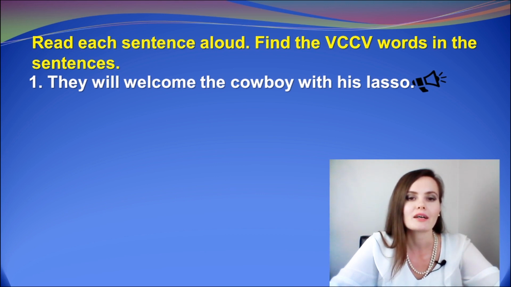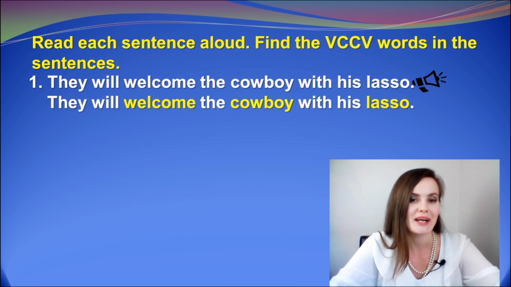They will welcome the cowboy with his lasso. Let's find the VCCV words. Think about it. You are right. The VCCV words in this sentence are welcome, cowboy, and lasso.